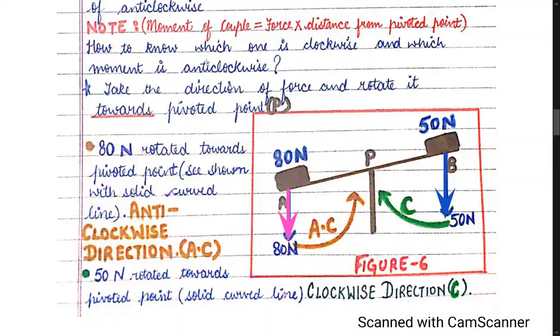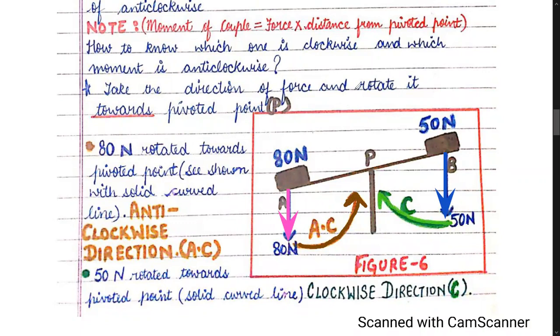So after drawing the direction of force acting downward, you take that force and rotate it along the direction of the pivoted point, as shown in figure number 6. So if you rotate it, what happens?